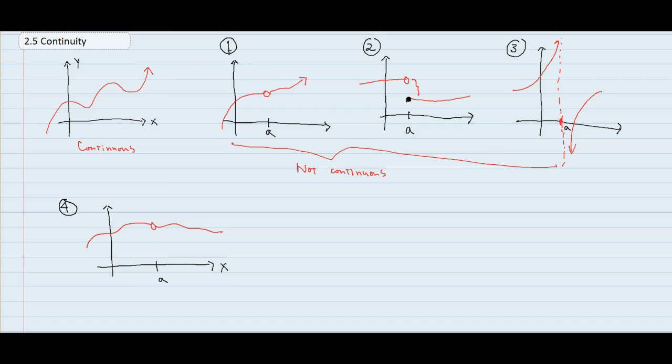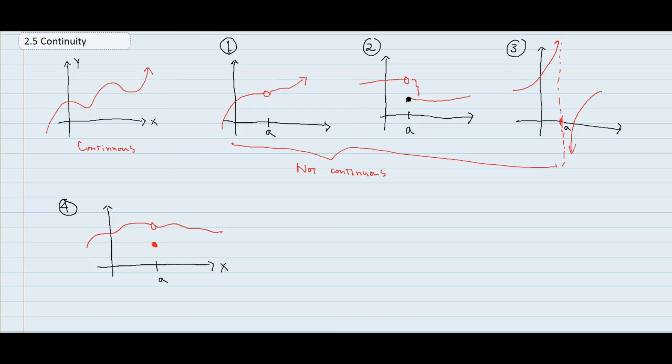But now if I just create the hole there, then the function is not defined at x equals a. Now if you look at condition number 3, the limit has to equal the function value. So in order for it to be discontinuous, let's say that the function value is defined somewhere else other than that hole.